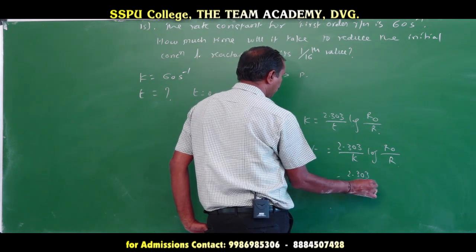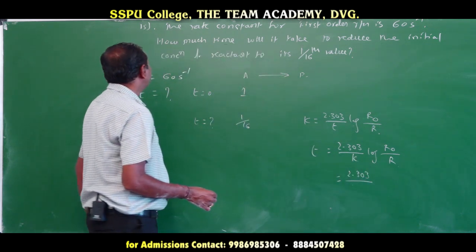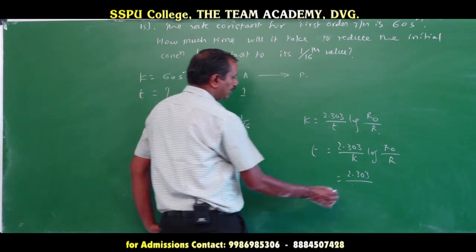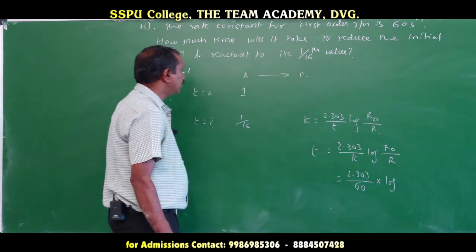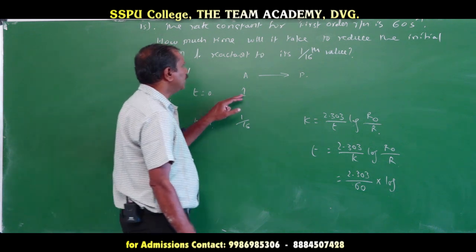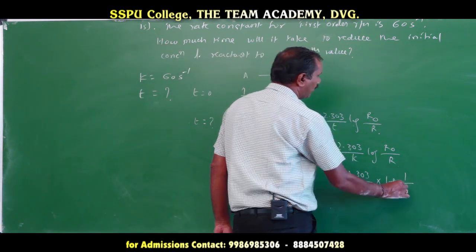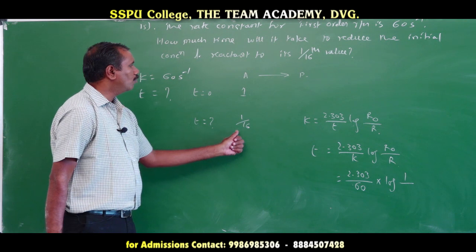2.303 by K. What is the value of K? K value is 60, into log of the initial concentration. If you consider the initial concentration as 1, it reduces to 1/16.